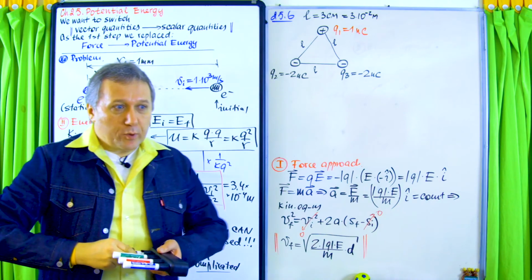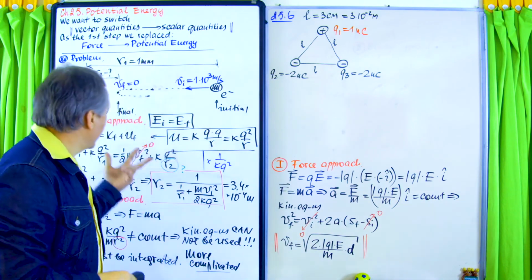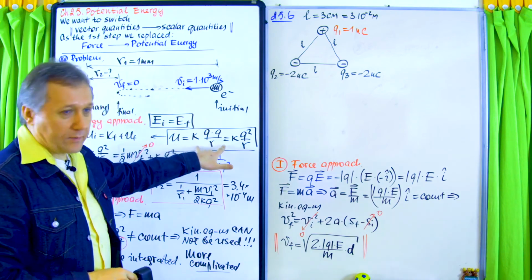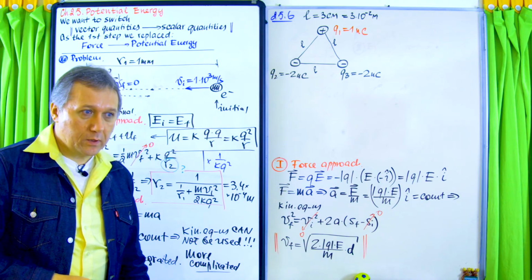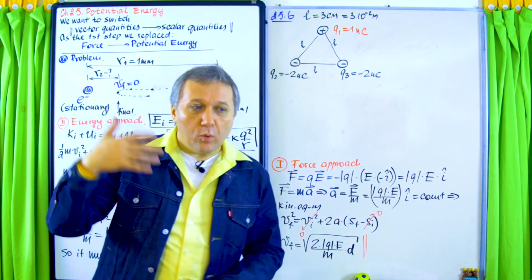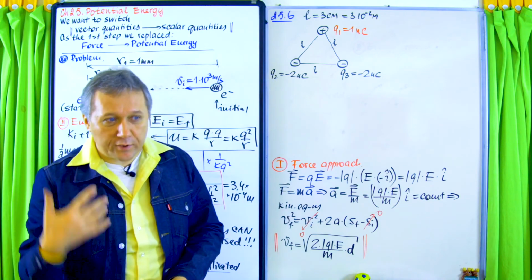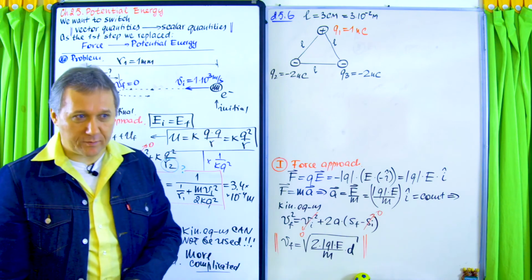Of course, the problem is we introduced formulas for 2 point charges, Q1, Q2, but now we have more than 2 point charges. Then the ideology is very simple. You just need to count all possible pairs of charges and use that formula for as many pairs as you have in the system.